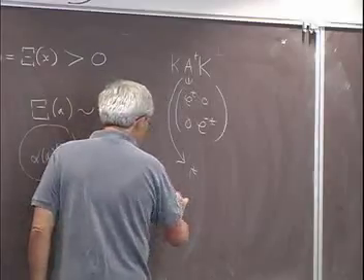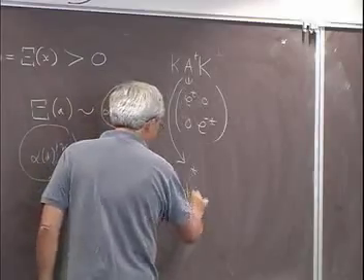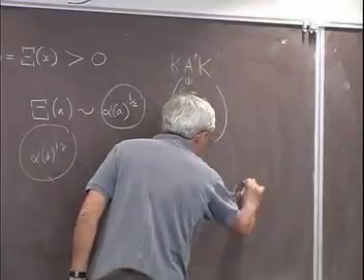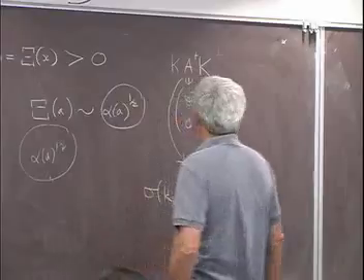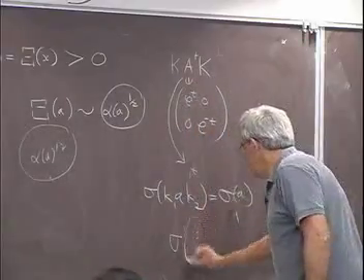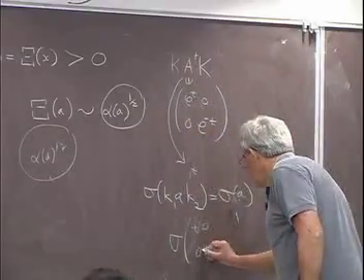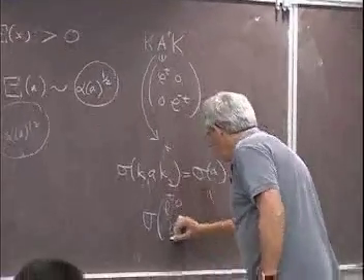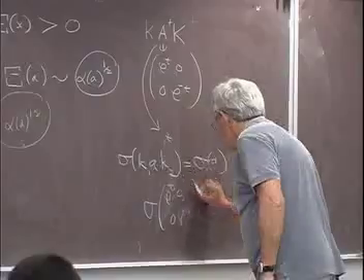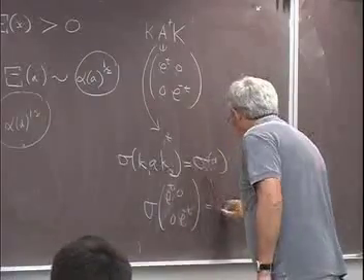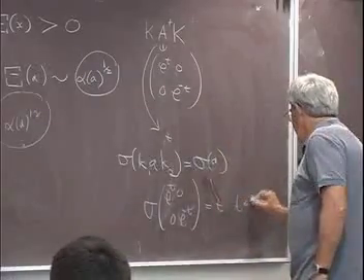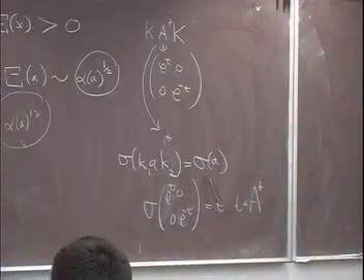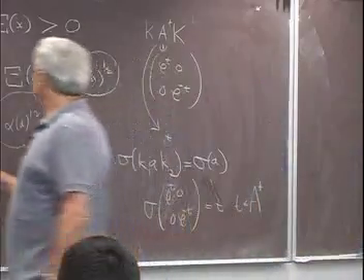So sigma of k1 a k2 is equal to sigma of a. And this sigma of a is given by sigma of (e to the t, 0, 0, e to the minus t) is equal to t for t in A plus, which is this piece over here.